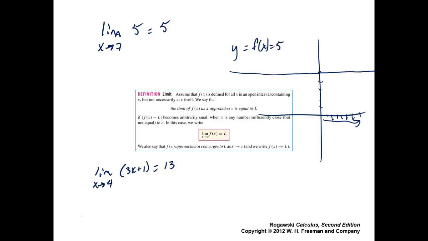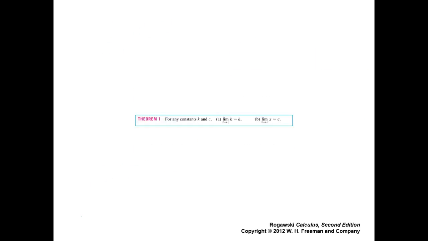So, from these two that you just did, here's an assumption. Appearance.